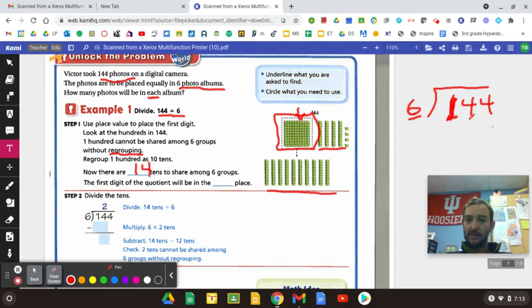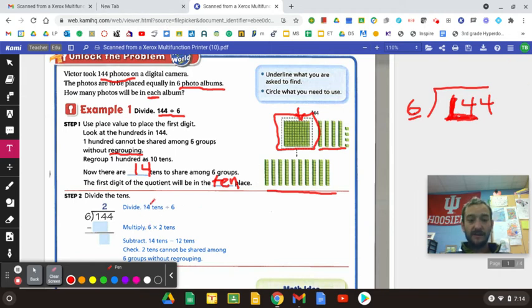So all this is doing is explaining the step from where you say, I can't divide 1, so I go over to 14. That's what all this is about. So the first digit of the quotient will be in the tens place. It's going to be in the tens place because I have to move over, right? Just what we talked about. There's not enough 100s to divide evenly, so we're going to look at 14.